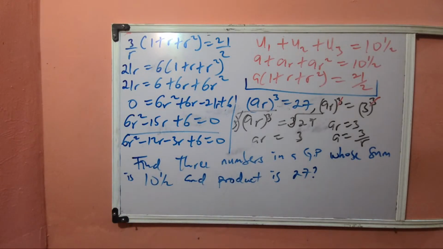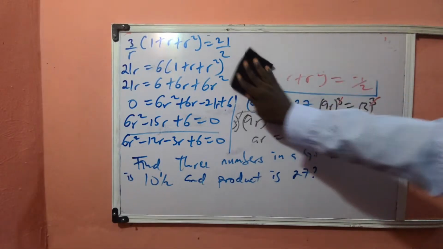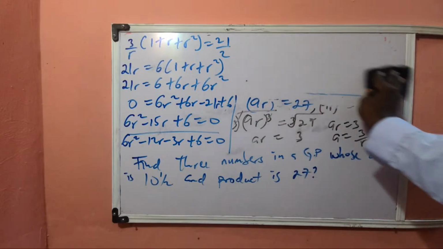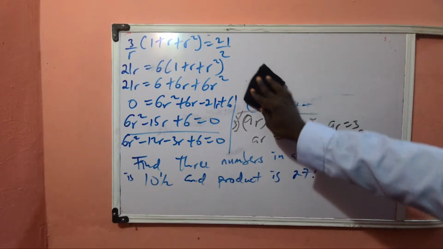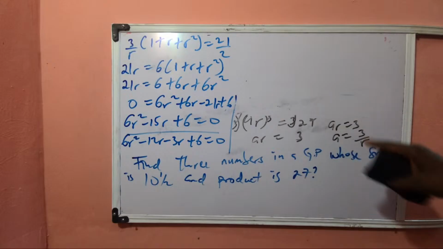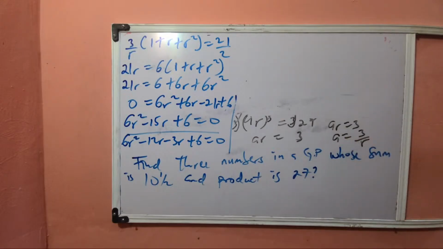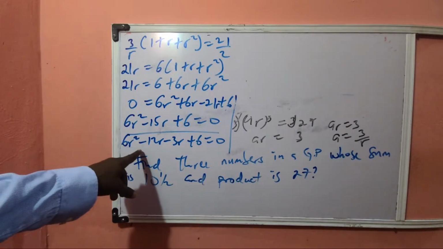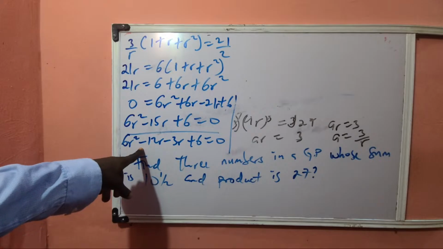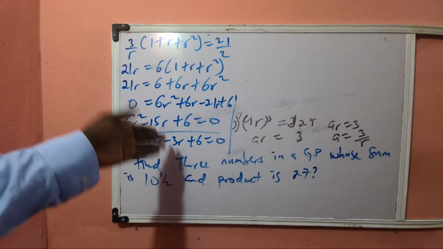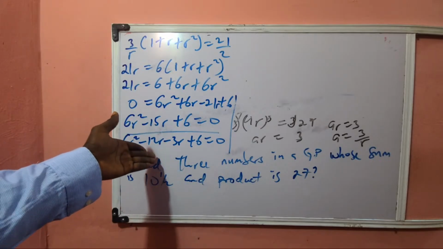Of course, now that I've done this, I can go on to factorize rightly. Don't forget, A is 3 over R. Let me leave that there because we'll still be needing it, obviously. Once we are able to get our values, you can see that our quadratic equation is in terms of R. So obviously, my answer is going to give me my R value.